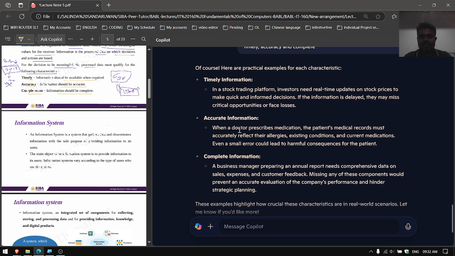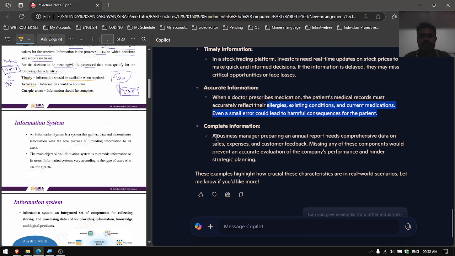Accurate information. When a doctor prescribes medication, the patient's medical record must be accurate, reflecting their allergies, existing conditions, and current medications. Even a small error could lead to harmful consequences for the patient. Complete. Here, a business manager preparing an annual report needs comprehensive data on sales, expenses, and customer feedback.